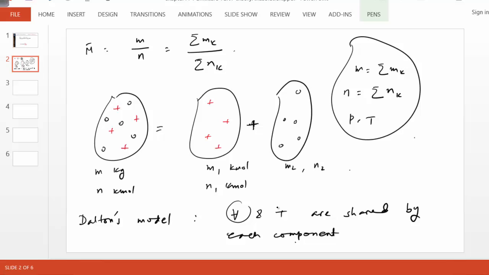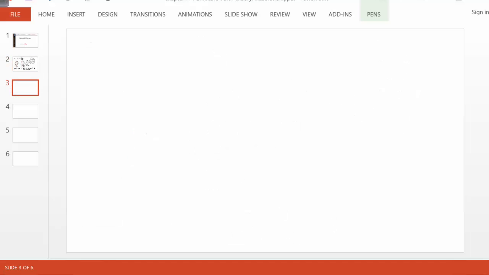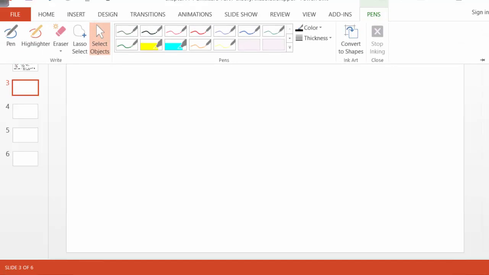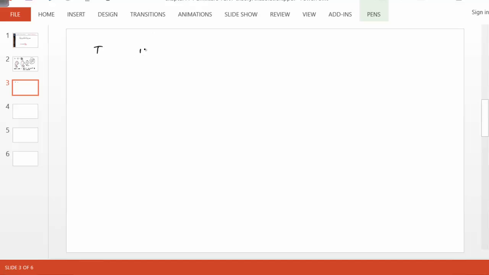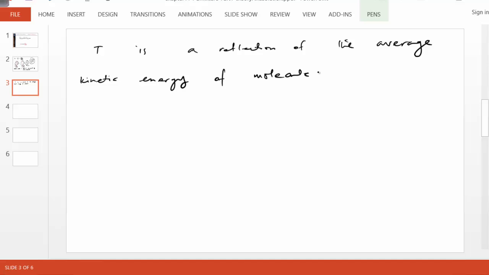Recall what is the temperature of a gas. Temperature can be thought of as a reflection of the average kinetic energy of molecules.